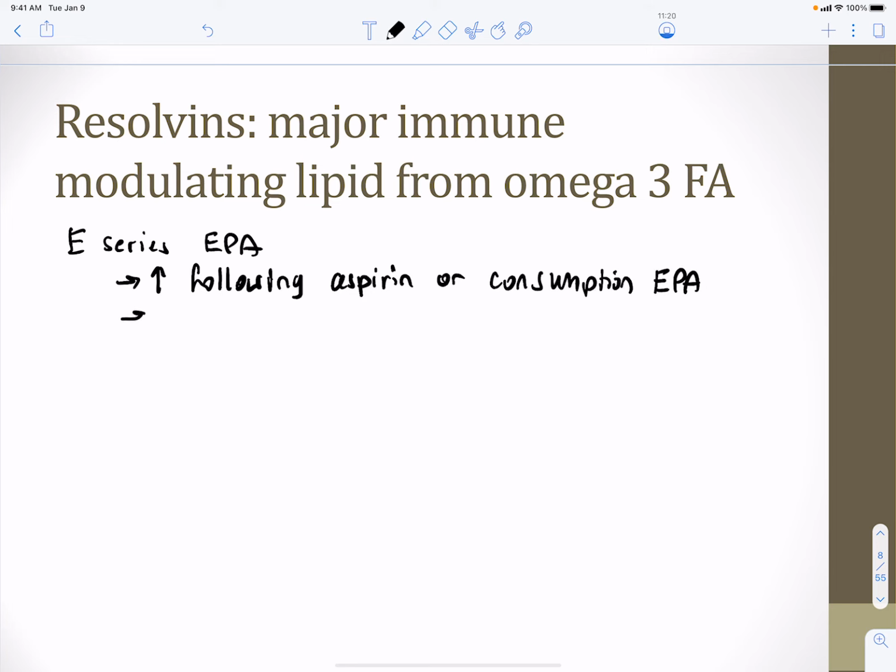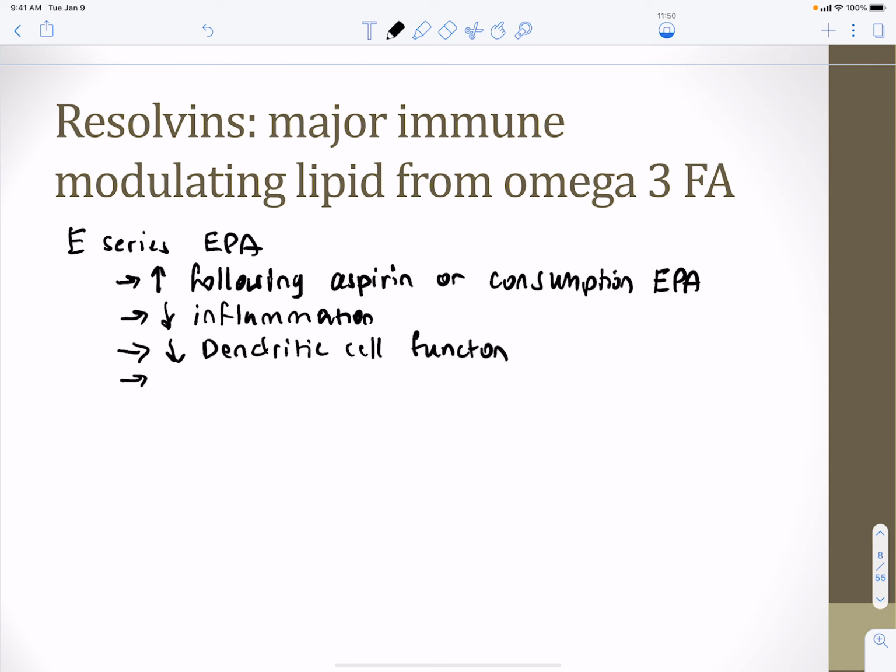They are going to reduce inflammation. They are going to reduce immune cell function, specifically at a cell population called dendritic cells. And dendritic cells are cells of the immune system that actually get your T cells activated. And they can also help to resolve inflammatory responses.